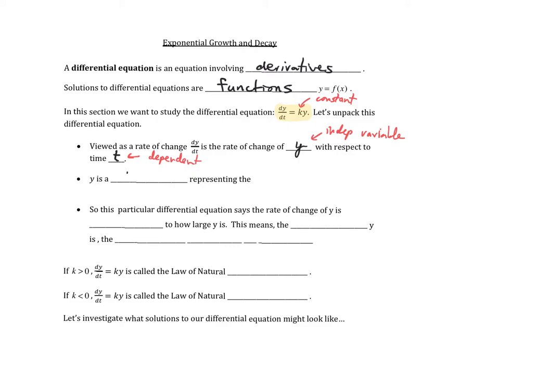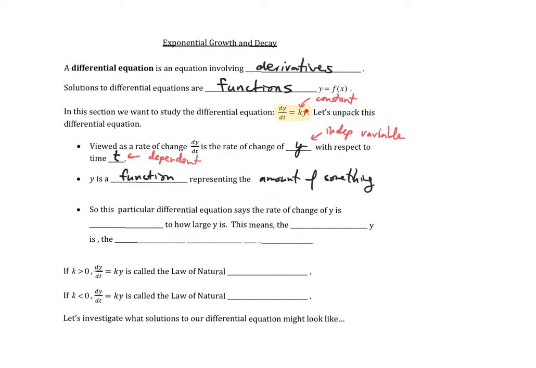Y is really a function, and it represents the amount of something. And just to be explicitly clear, it still depends on t, right? So y is a function, it's the amount of something, and that amount changes depending on the time.